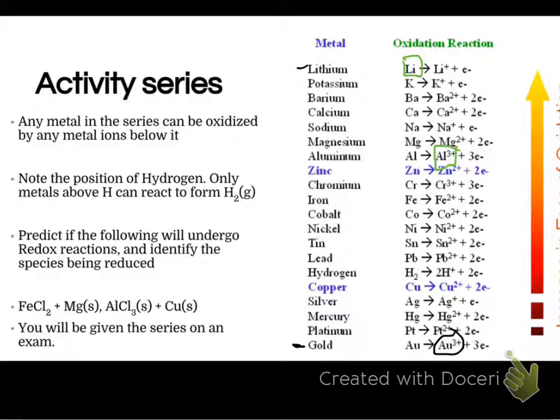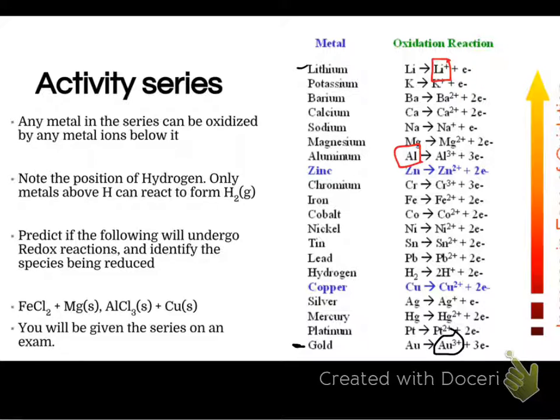That's a single displacement reaction. So if I have an element that is above the ion, then the reaction will go. However, if I am mixing the ion of lithium with the element aluminum, nothing happens. Okay, so that's one way we can use this chart.